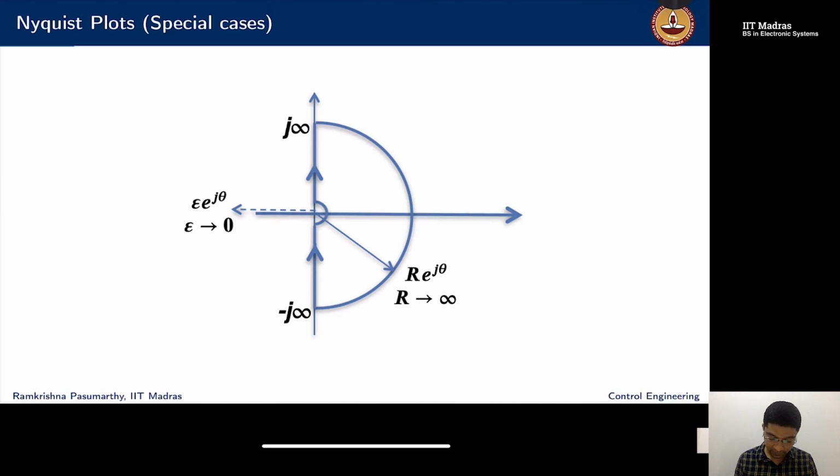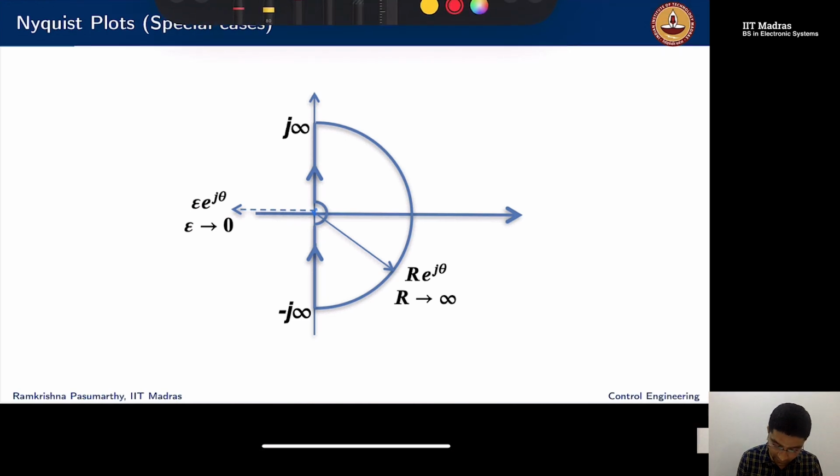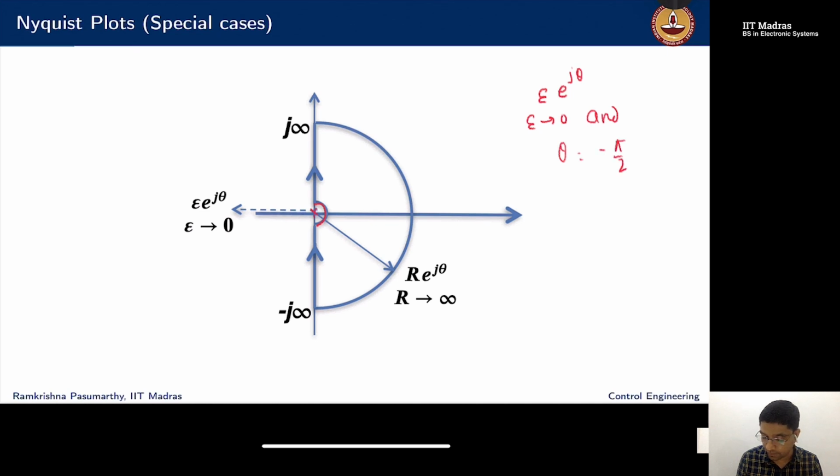So suppose there is a pole here. I just go around this with epsilon e power j theta, where epsilon goes to 0 and theta goes from minus pi by 2, or minus 90 degrees, to plus pi by 2.